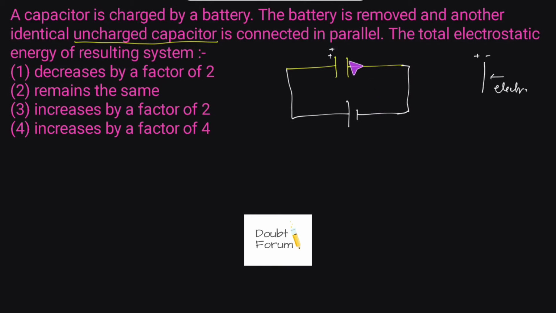Similarly, on this side of the plate, all the positive charge will get attracted towards the negative polarity of the battery, so the charge left on this plate would be negative. So once we connect a battery like this, a positive charge will appear on this plate of the capacitor, and similarly a negative charge will appear on the other plate of the capacitor.